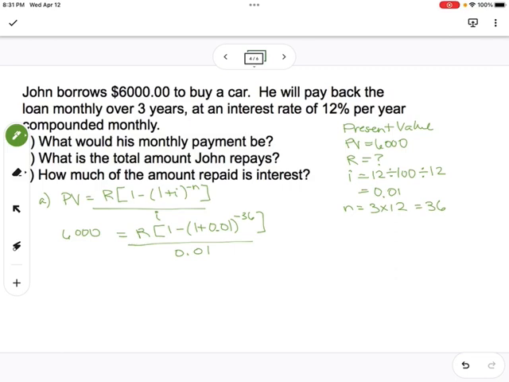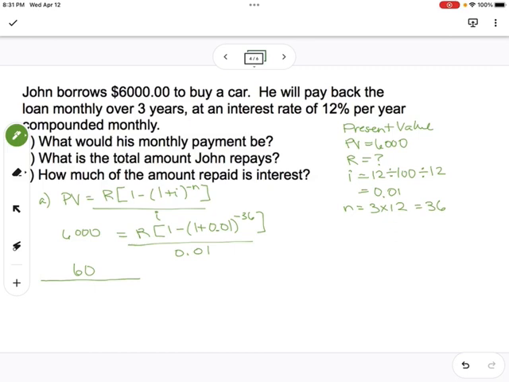Okay, so the first thing we do is we take that divide by 0.01, bring it to the other side and multiply. So 6,000 times 0.01 is 60. And then we need to take this bracket here, move it to the other side, and we'll divide that.